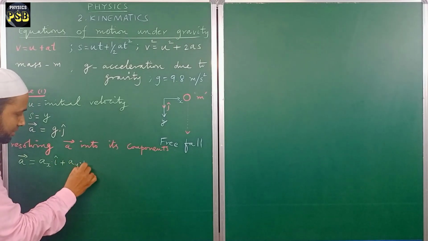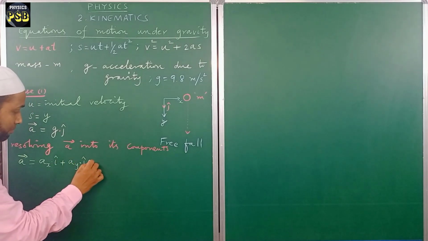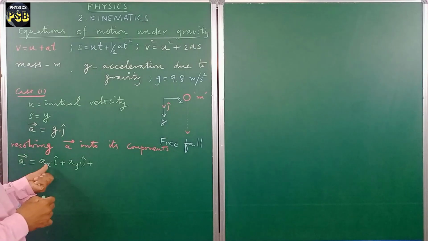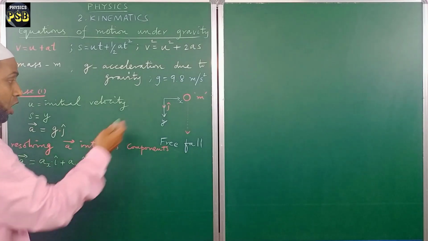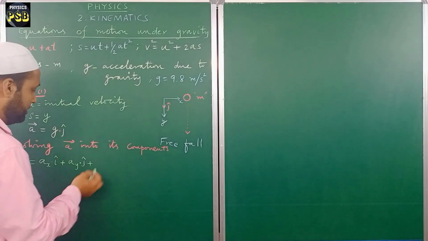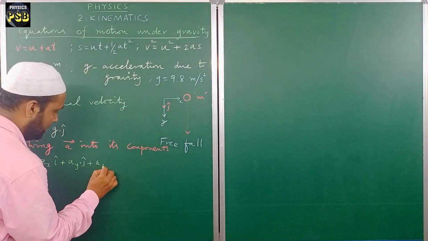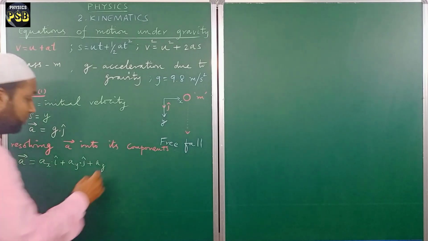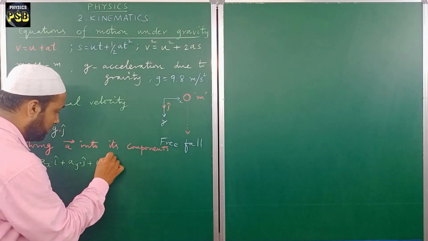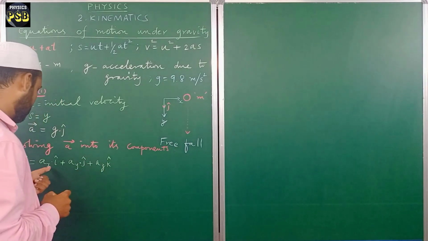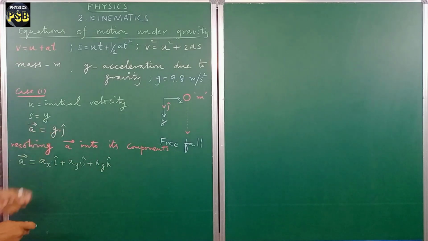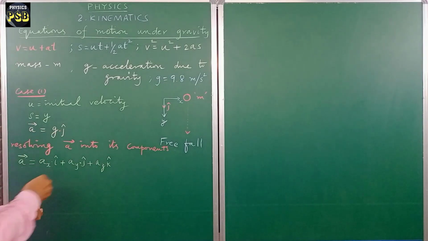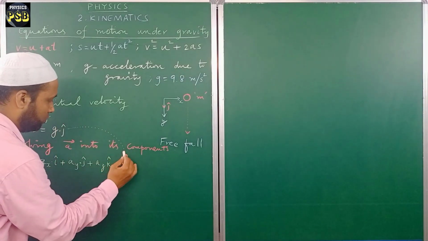The unit vector is j cap, plus the component of the vector along the z-axis is Az, and here the unit vector is k cap. So this is what we have, and I have told you earlier, here a vector is nothing but j cap that I use here from this equation.